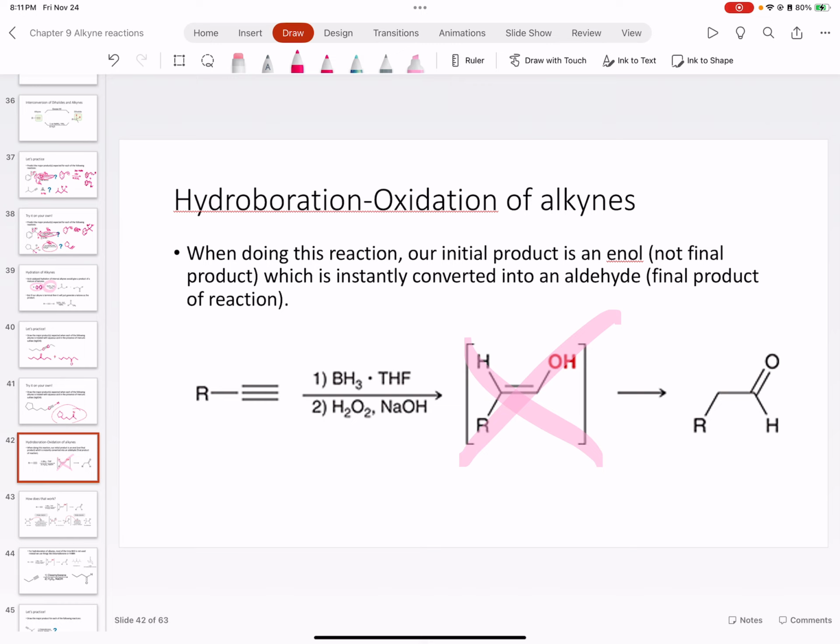But we're going to be creating an aldehyde. An aldehyde is this. You know this is a ketone, an RR. When we have an R and then an OH, this is going to be an aldehyde. So hydroboration, when we do this, is going to create an aldehyde.